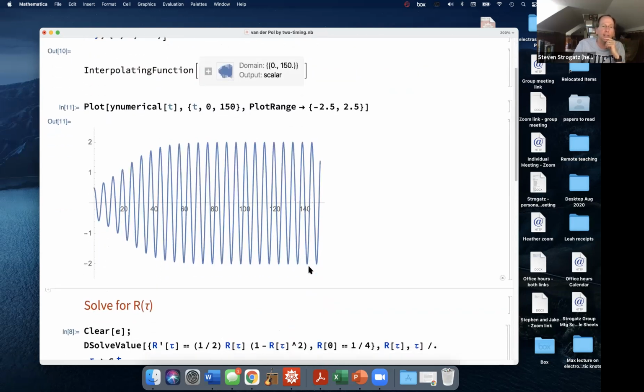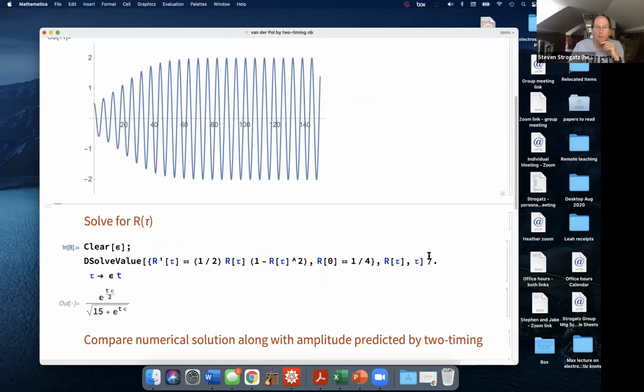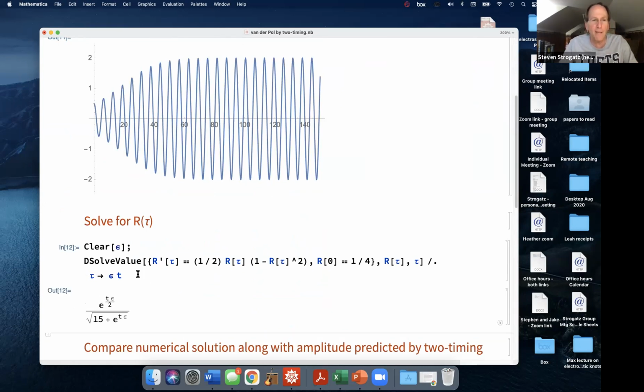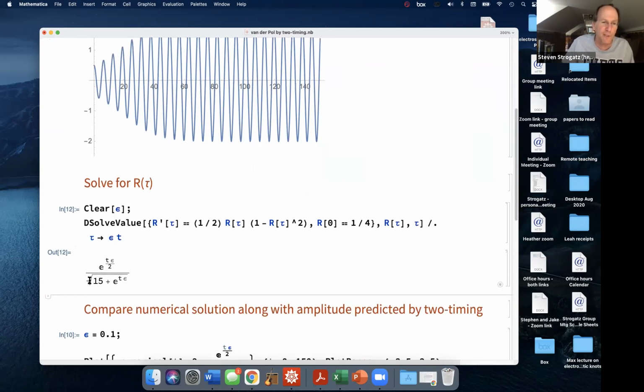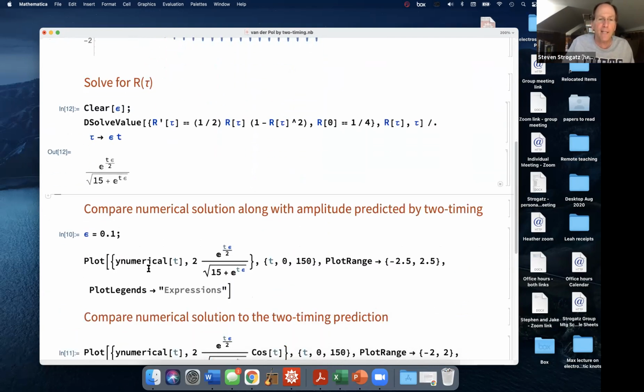And I can then ask, well, Mathematica, since you're good at this, find the amplitude, r of tau, and it does for this particular choice of initial condition. It's giving me this number 15. And if I compare the amplitude predicted by 2 timing with what we just calculated, so here's the 2 times this r of tau that I just calculated.